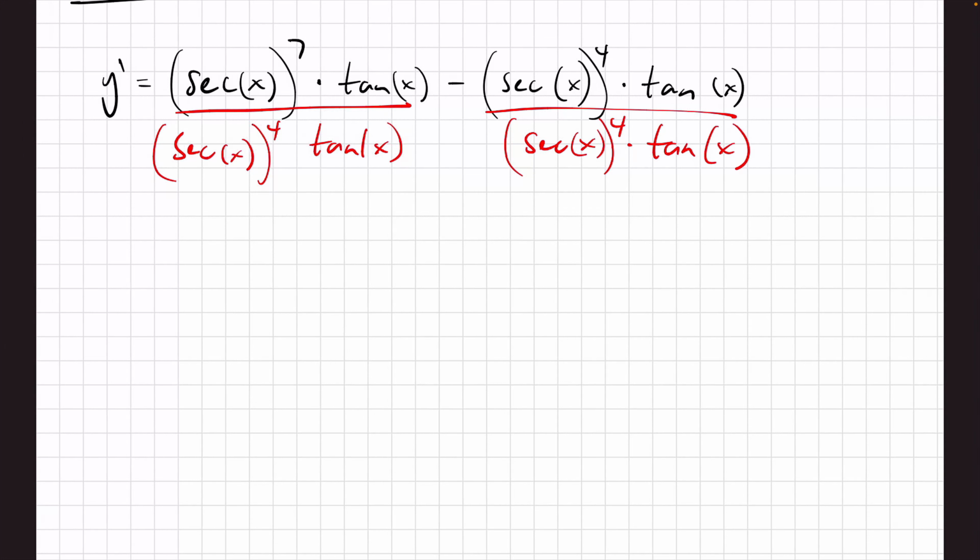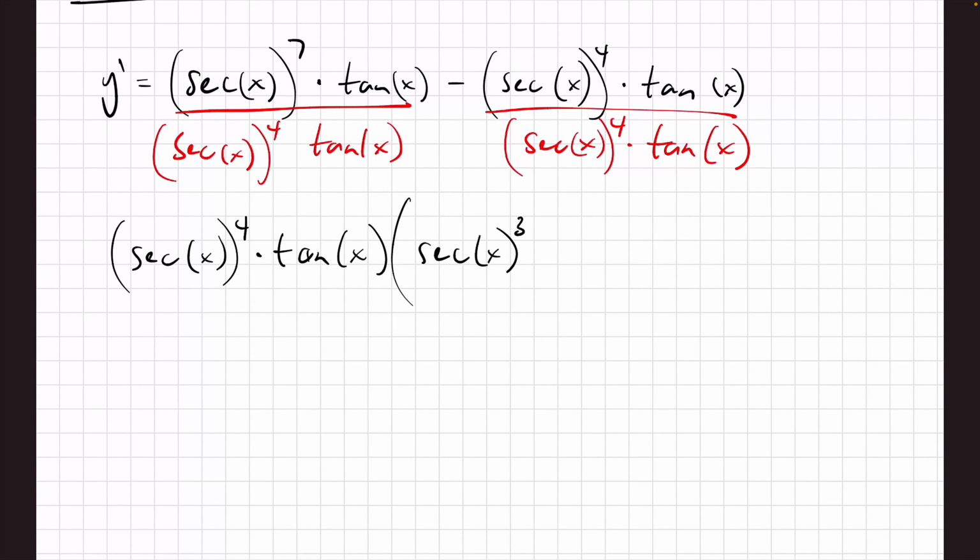I understand where he's getting the 3 now. We cancel that. So that means secant of x to the 4th times tangent of x. What's left over? Well, you're going to have secant of x to the 3rd minus 1.